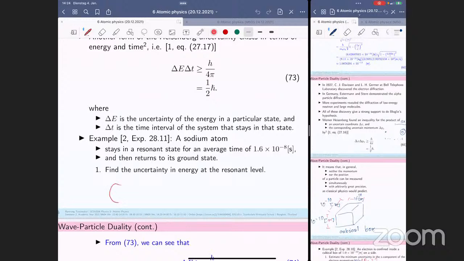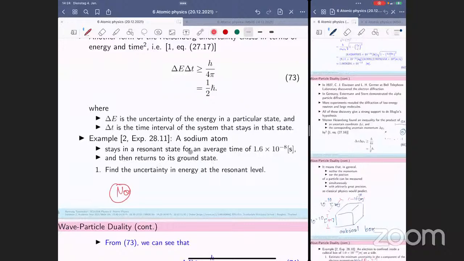Let's say this is an atom of sodium. Sodium is an element in the periodic table, right? The sodium atom stays in a resonance state for an average time of 1.6 times 10 to the negative 8 seconds, and then it returns to its ground state.